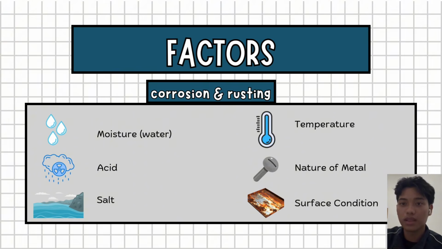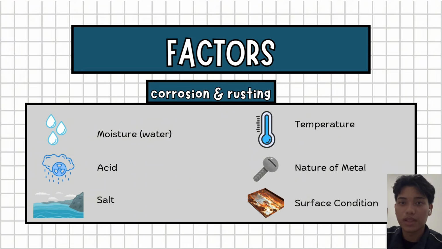Next is salt. Salt can be an electrolyte. For example, when the building is beside the sea, salt water increases electrical conductivity, accelerating corrosion. So, as we know, sea environment.